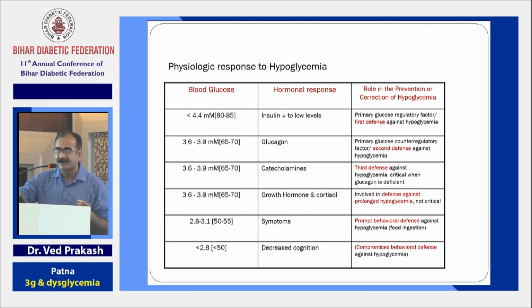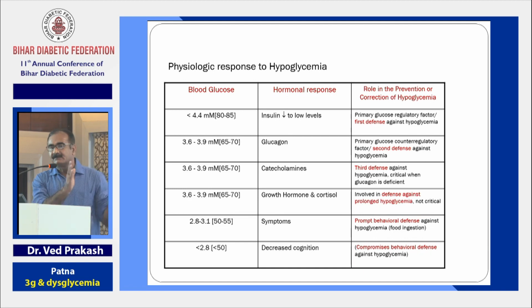The symptoms of hypoglycemia start, like extreme hunger, and after extreme hunger, the person takes food, and hypoglycemia can be avoided. And when blood glucose falls below 50 milligram per deciliter, there is a decrease in the cognitive function of the brain.